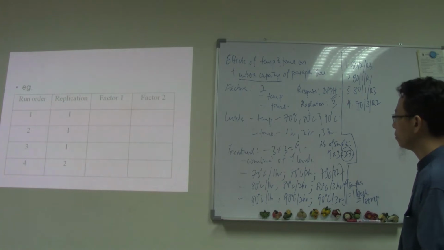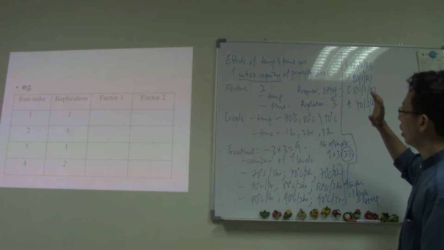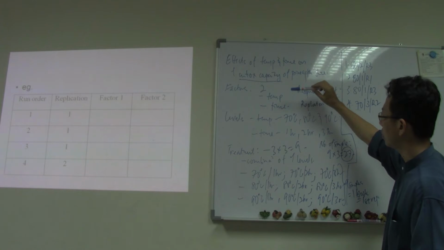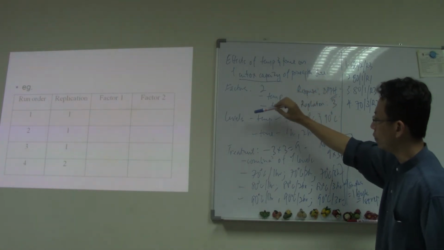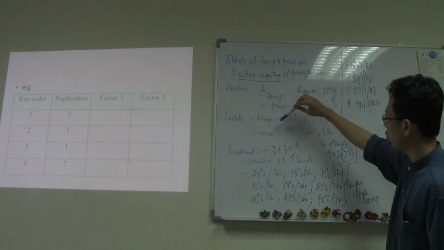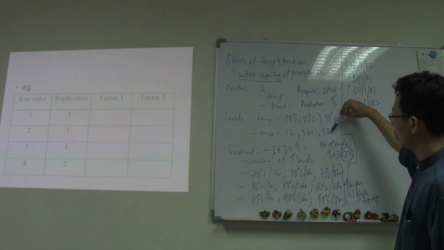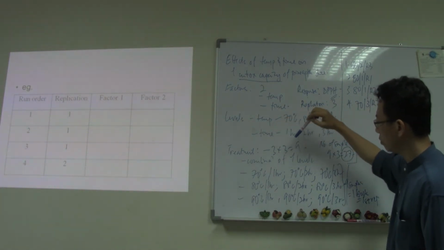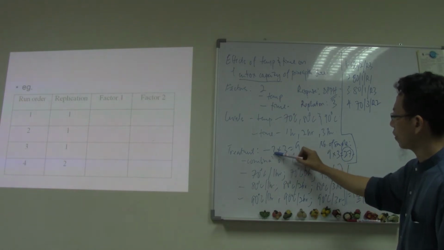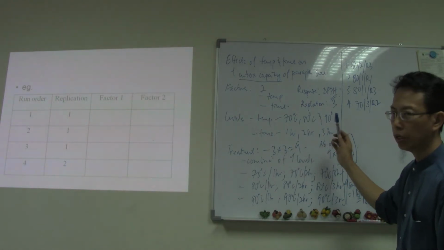For example, we have the same experiment. We have 2 factors, that is the temperature and the time, and we have the levels. For temperature we have 3 levels, for time we also have 3 levels. For treatments, it is a combination of the levels. We have 3 times 3 equals 9 treatments.